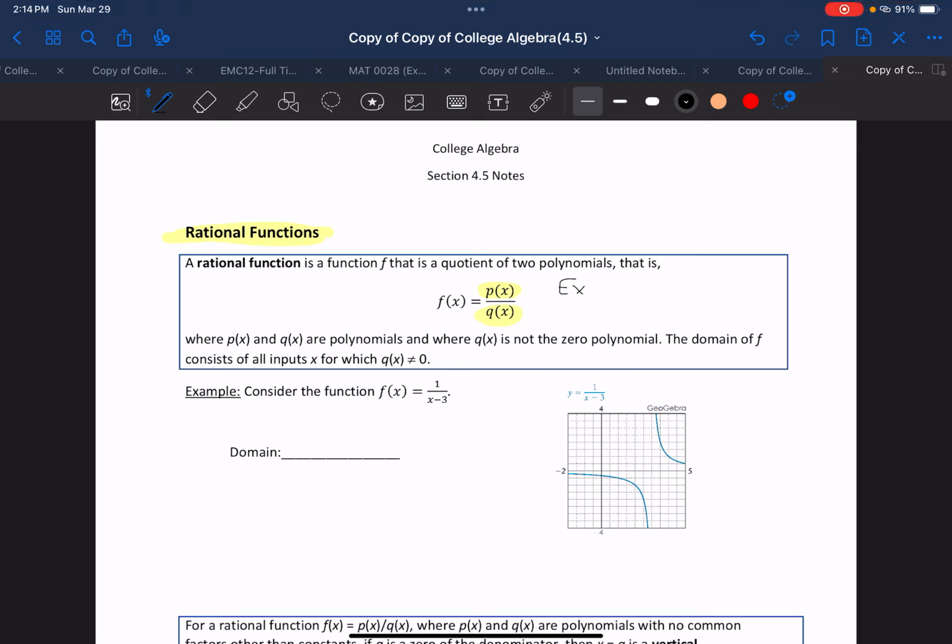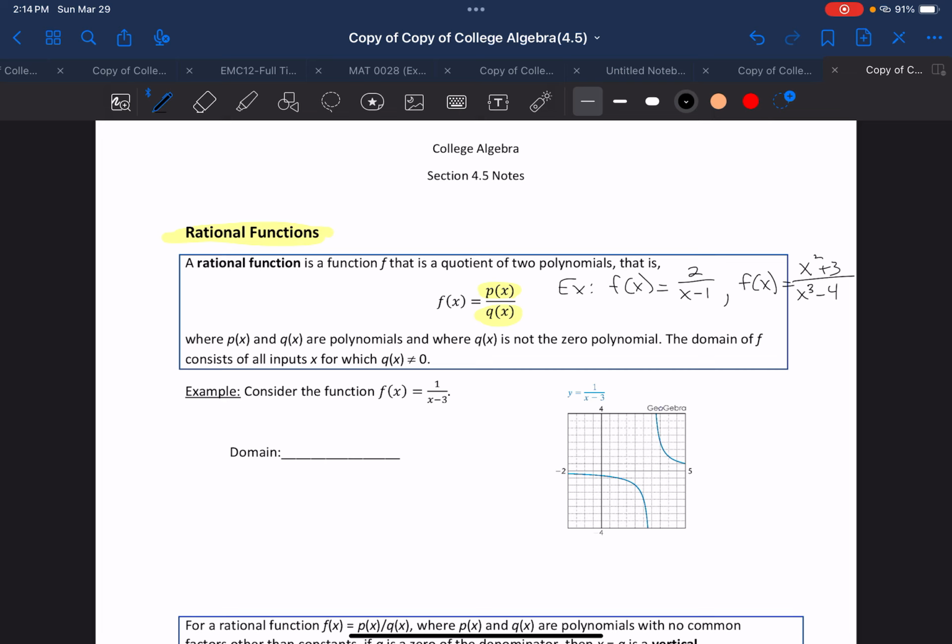So for a couple examples, f of x equals 2 over x minus 1. This is a rational function because there is a variable x in the denominator. Or it can look like x squared plus 3 over x cubed minus 4, something like this, where there's a variable in the numerator and the denominator.